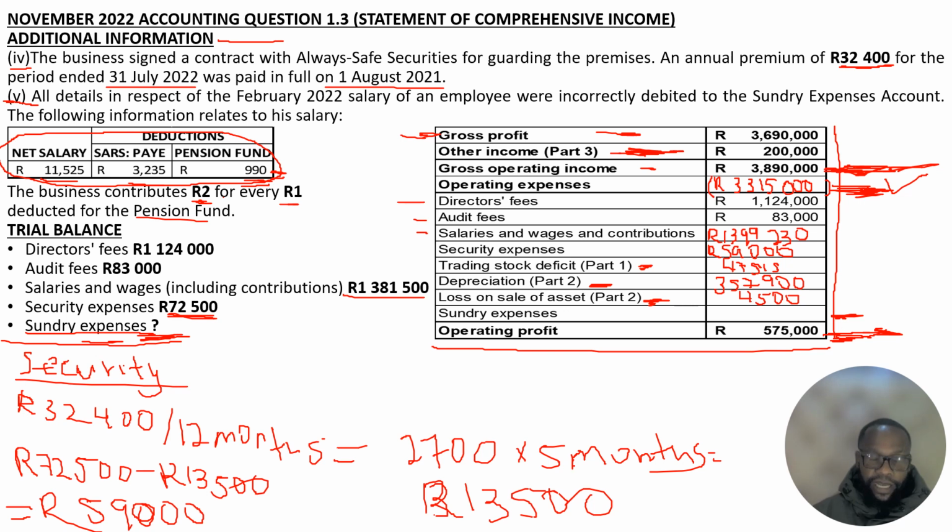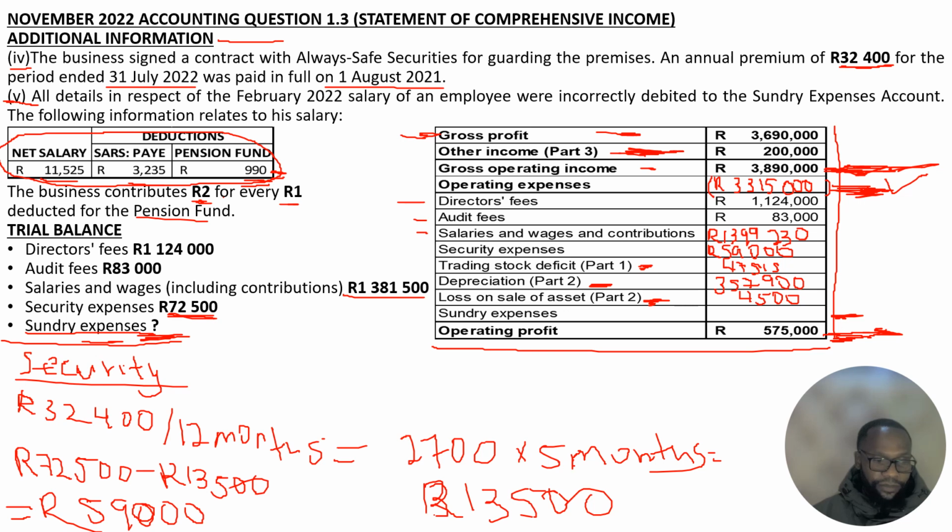We deduct 83,000 of audit fees. We deduct the salaries that we've calculated, 1,399,230. We deduct the 59,000 of securities, and then we deduct deficit of 47,515.